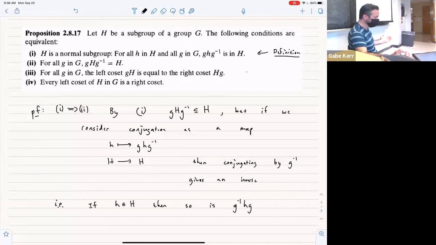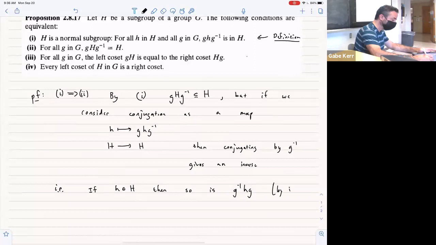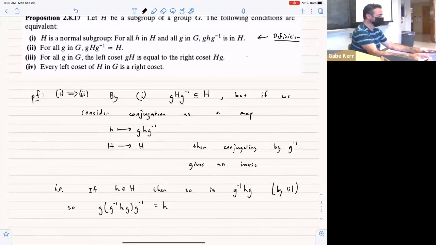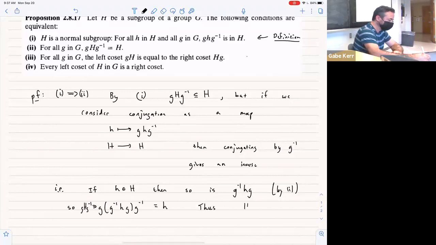This is conjugation by g inverse. It's by 1. So thus H is contained in gHg inverse.